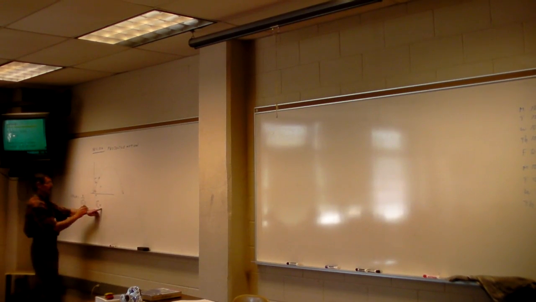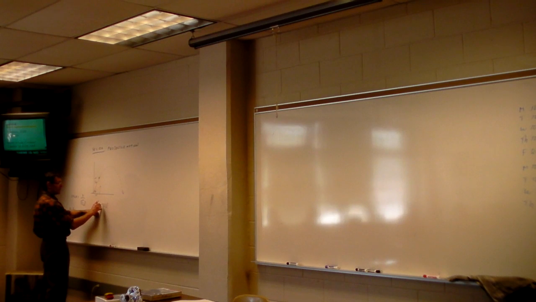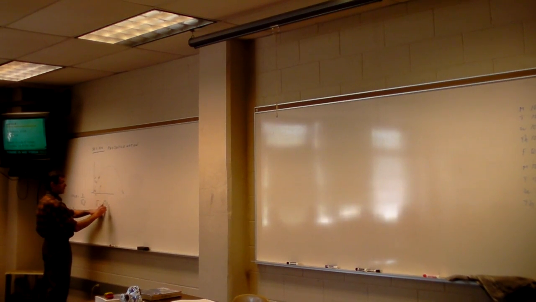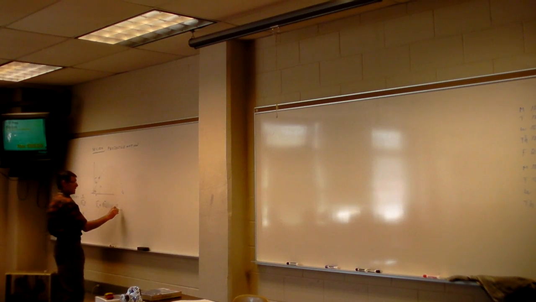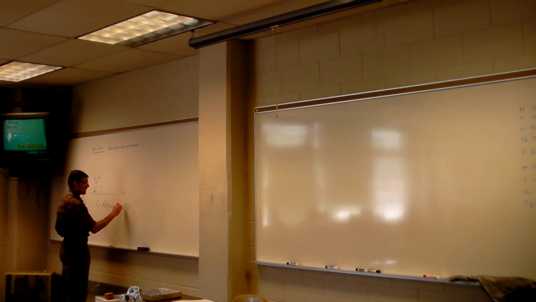So the x component is the magnitude of v times the cosine of theta times i. That's the initial velocity. And the y component would be the magnitude of v times sine of theta.